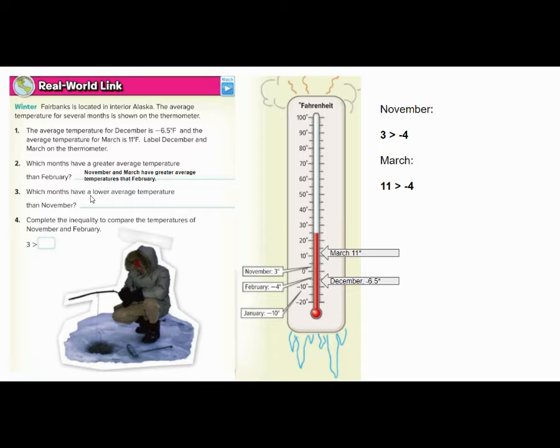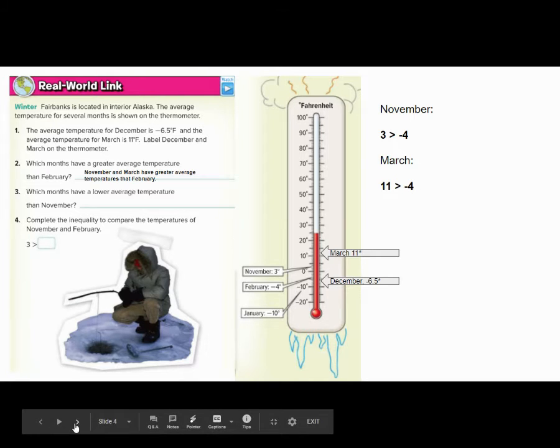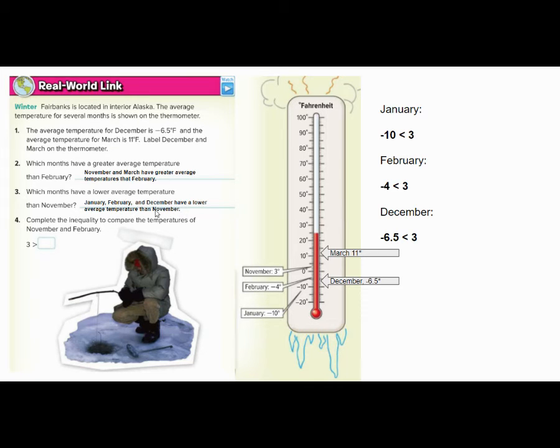The next question is, which months would have a lower average temperature than November? So go ahead and type your answer in the text box over here, and we will check that in just a moment. All right, so January, February, and December all have a lower average temperature than November.